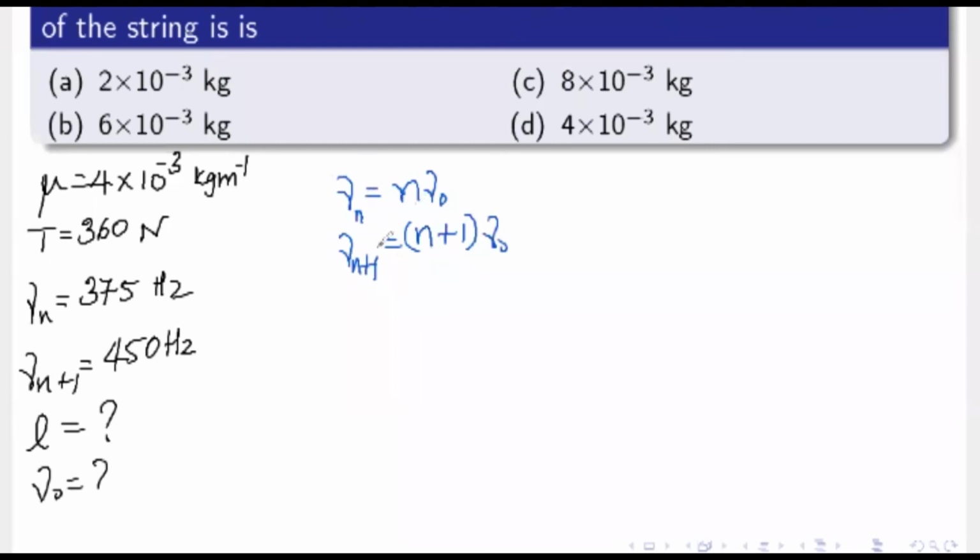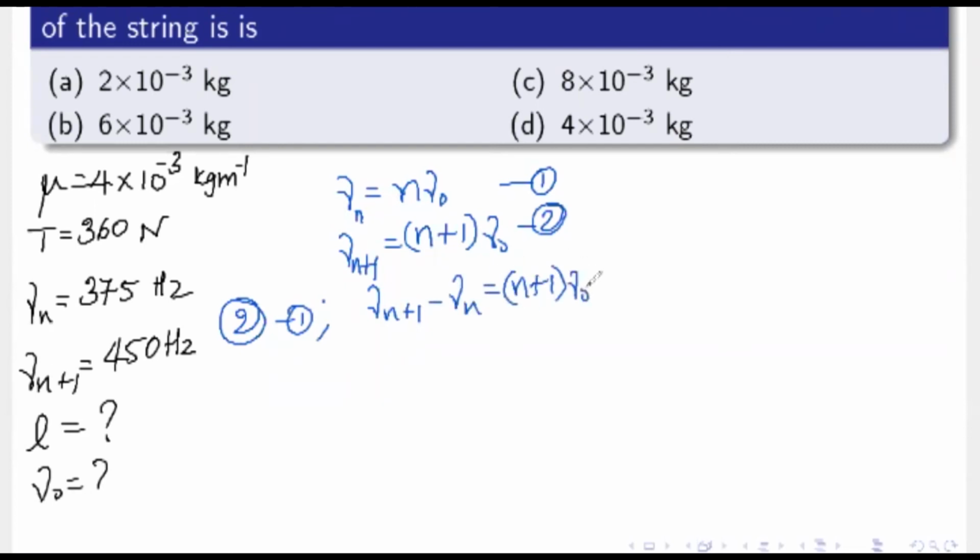And we know the values of nu n and nu n plus 1. So call this equation 1 and equation 2. What do I get if I subtract 1 from equation 2? Nu n plus 1 minus n times nu naught. What do you get if you simplify this? n nu naught minus n nu naught cancels, so just nu naught.